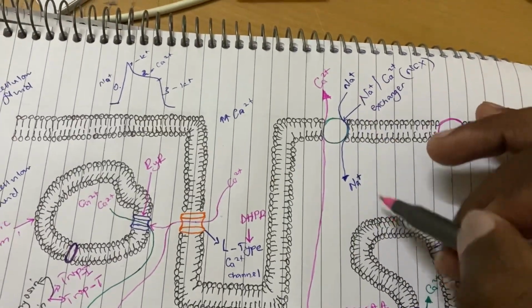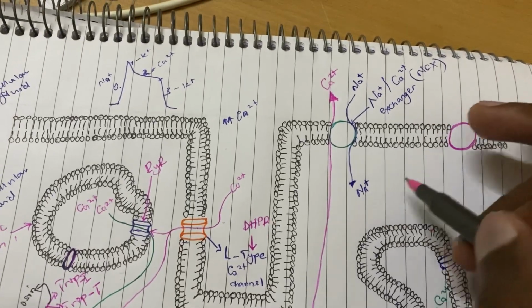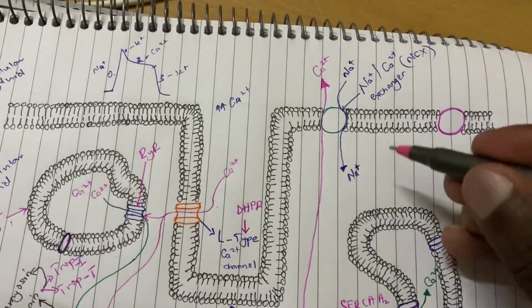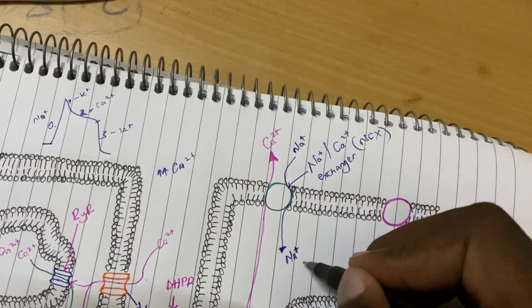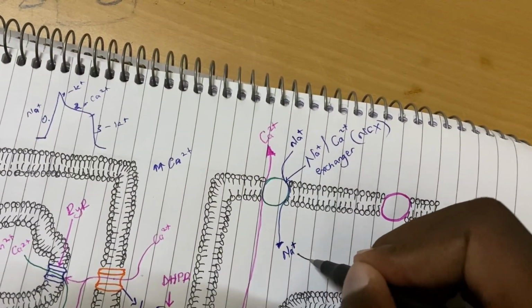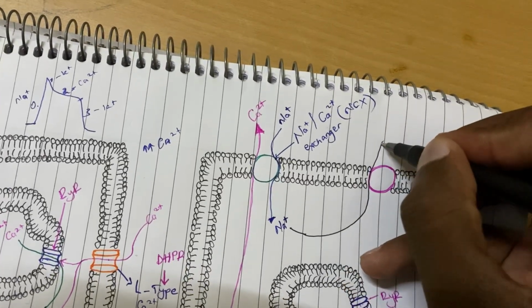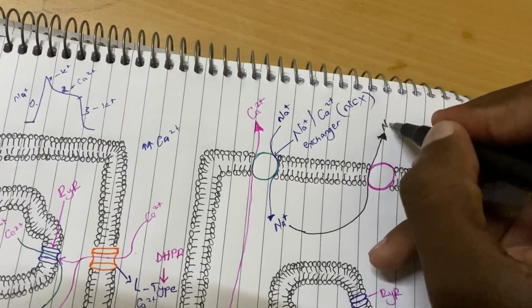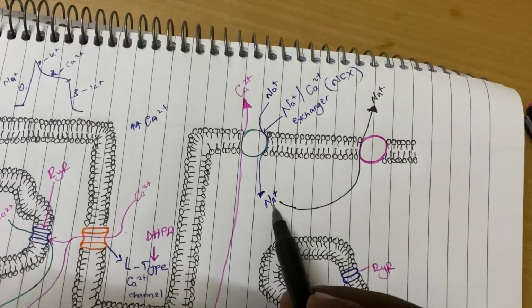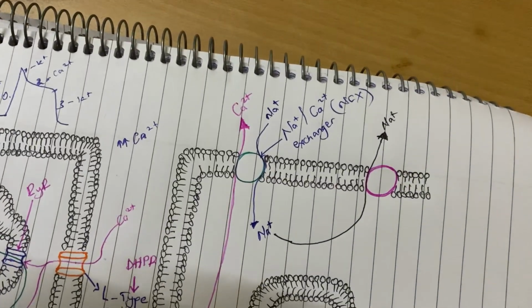So if you keep bringing it in, you may raise the sodium concentration inside if you don't take it out. But thank God we have this guy, so when sodium comes, it doesn't stay inside. It comes inside but is very fast eliminated and taken outside.